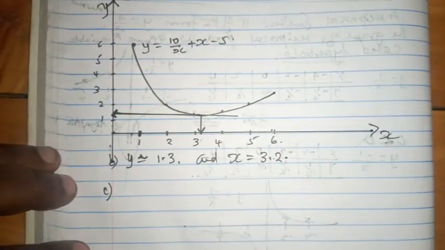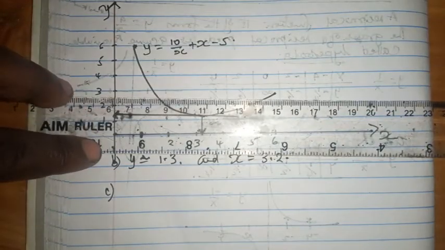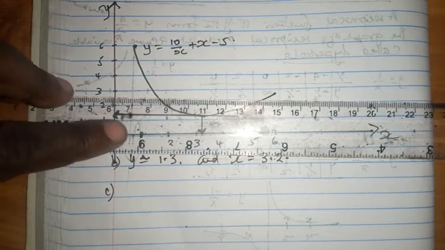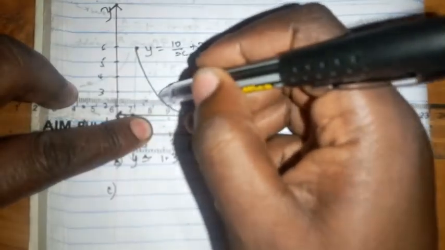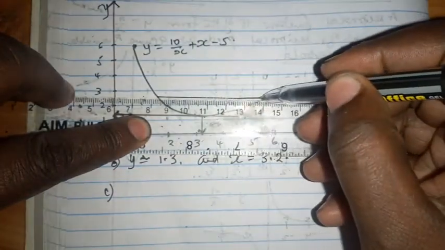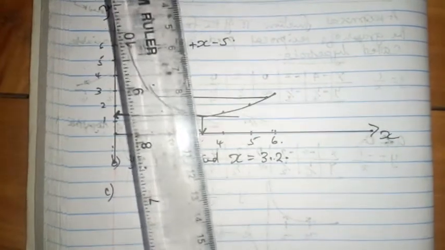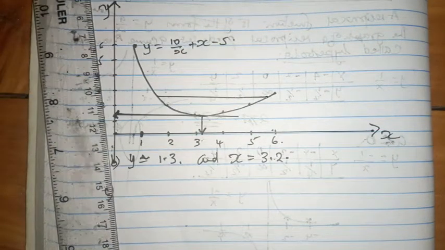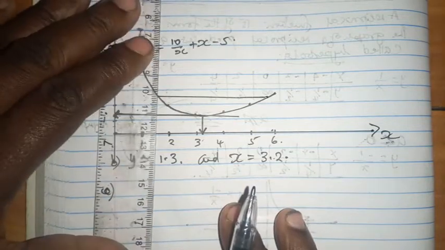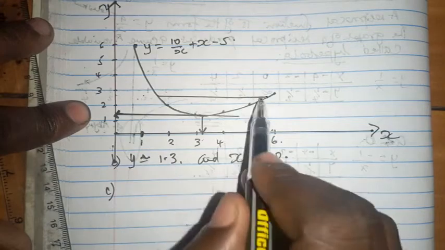Again, what we should do is come with a very good ruler and draw that line when y is equal to 2, and produce that line to when y is equal to 2.5. The moment you reach there, you will find that that is when y is equal to 2.5, that line.